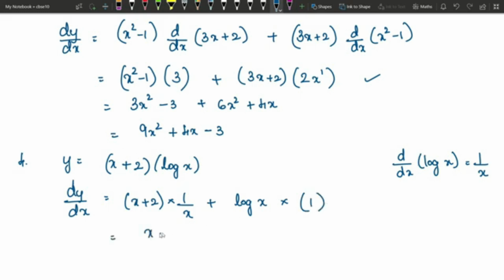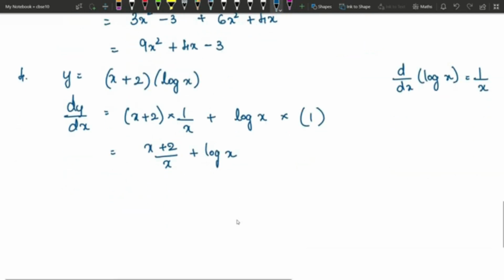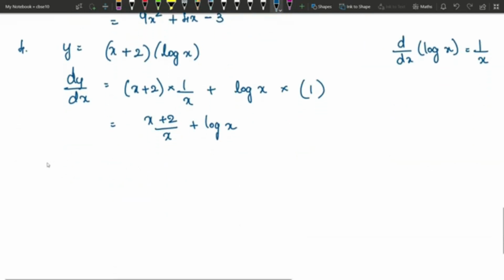So what is the answer? (x plus 2) by x plus log x. You can keep the answer like this, or you can further simplify and write it as log x first, plus x by x is 1, plus 2 by x. So this is another example of the product rule.